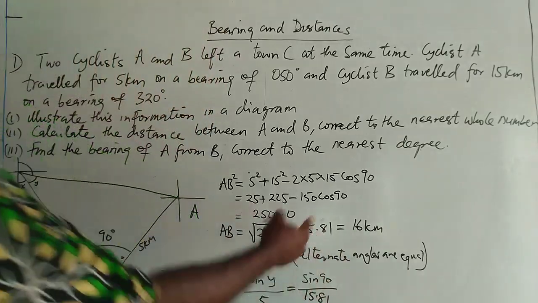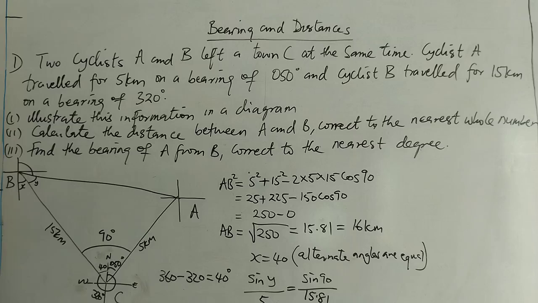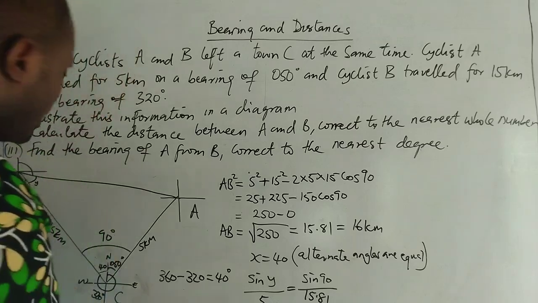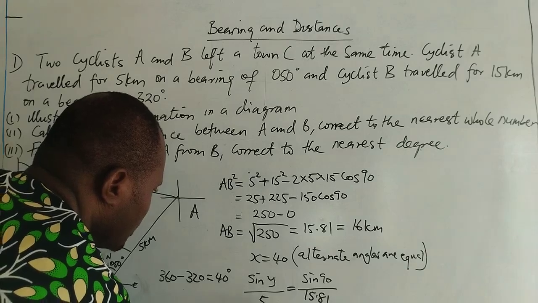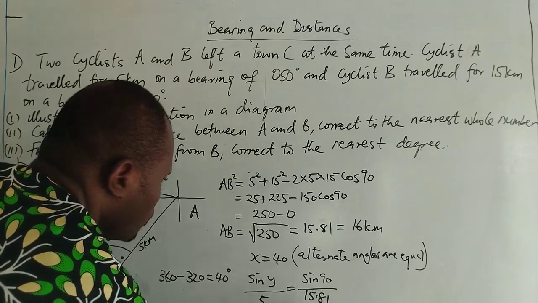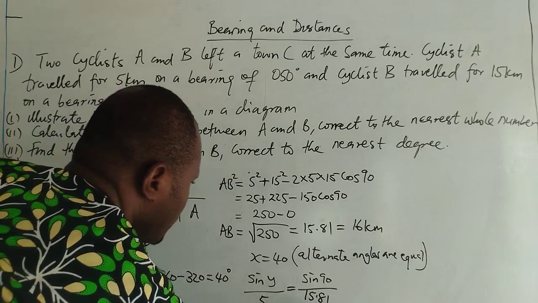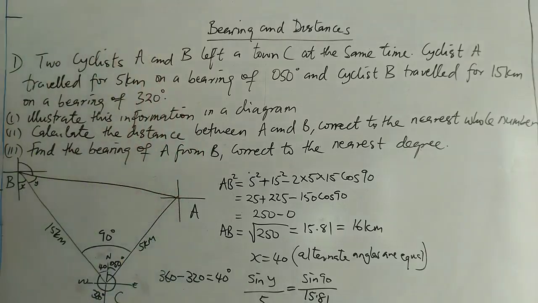We take the value before approximation. Good. The next thing is you cross multiply. If you cross multiply, you will get 15.81 sine y equals 5 sine 90.